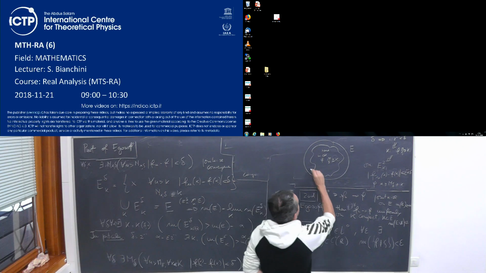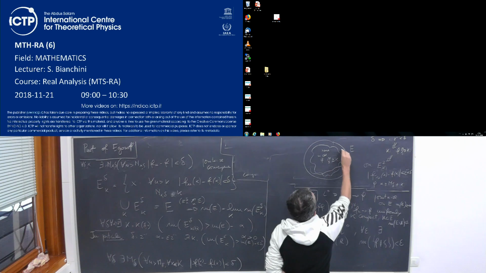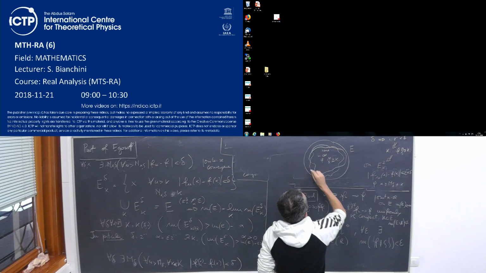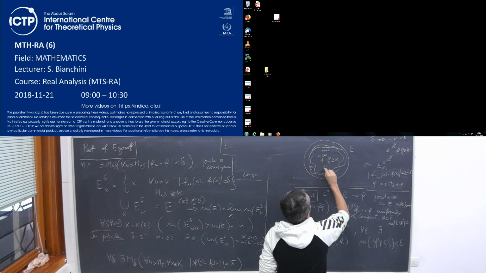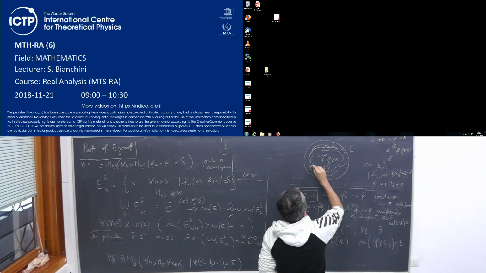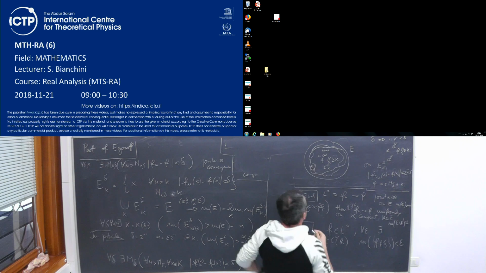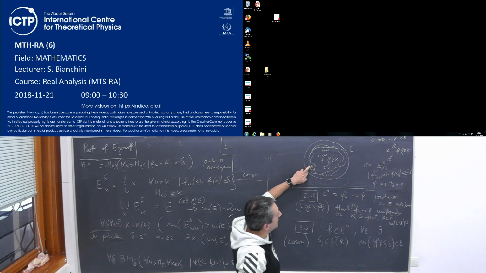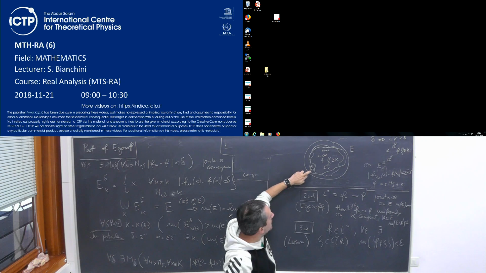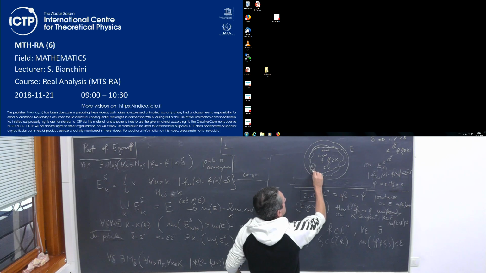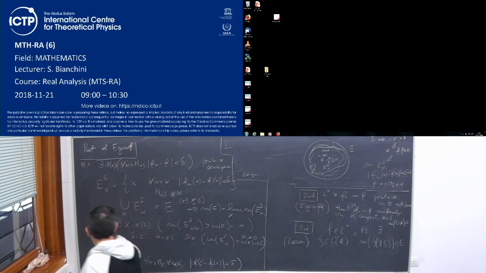You give another E_j, so it's slightly different. Let's say this is E 2 to the minus i K_i, this is E 2 to the minus j K_j. This is good for k larger than 2 to the minus j, when I give the value M delta equal to K_j. So let's compute.